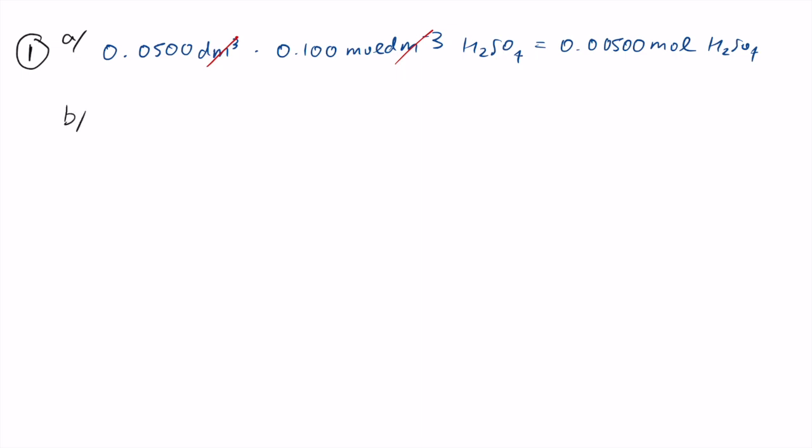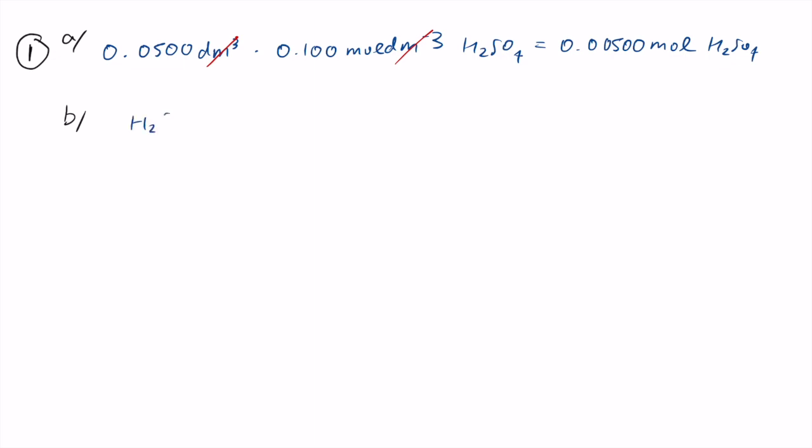Okay, so the next question, B: formulate the equation for the reaction of H2SO4 with Mg(OH)2, with the 2 as a subscript, not superscript. If you remember, this is actually just an acid-base reaction, and the outcome of any acid-base reaction is a salt and water. So let's do this.